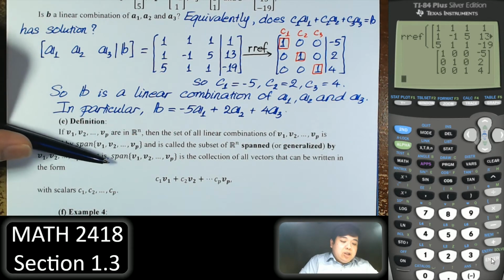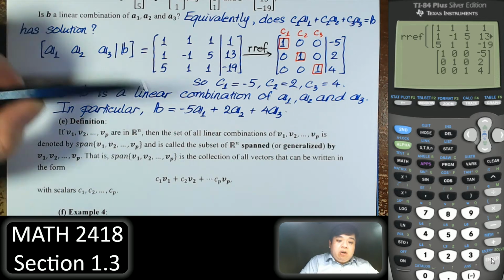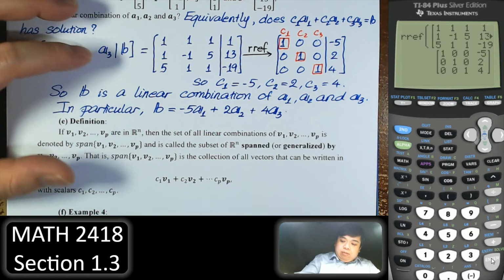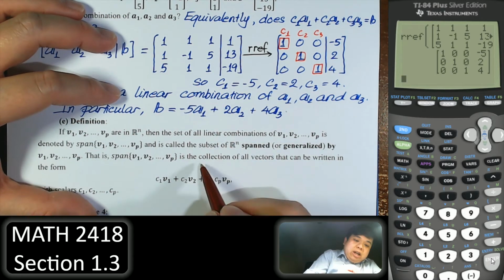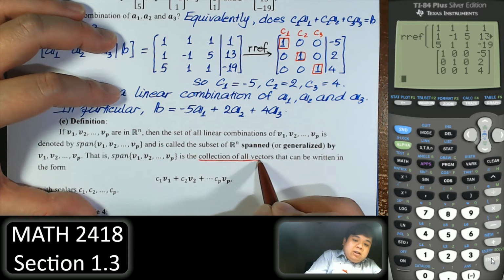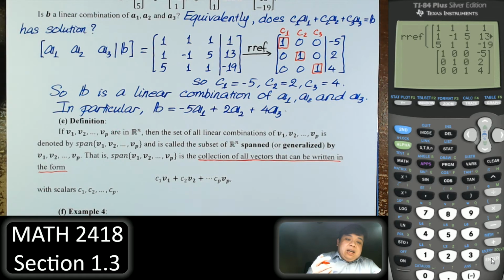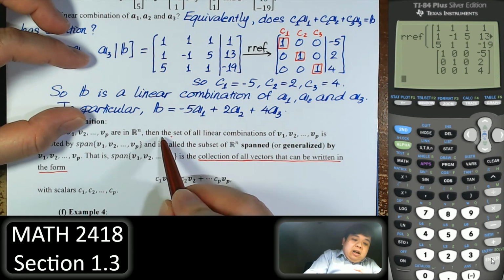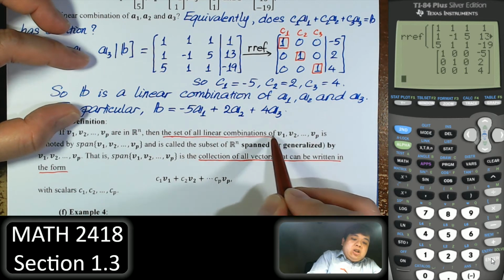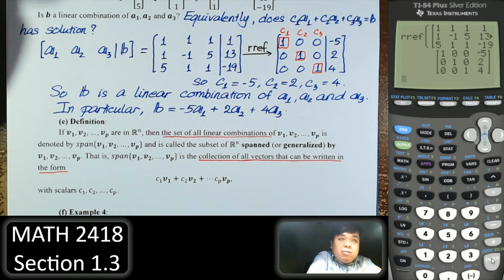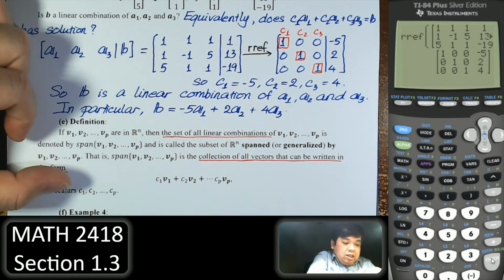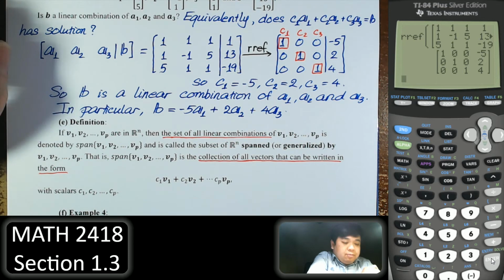That is, the span of V1, V2, Vp is the collection of all vectors that can be written in this form. So the meaning is the set of all the linear combinations of the vectors, and the scalars are those. Right.